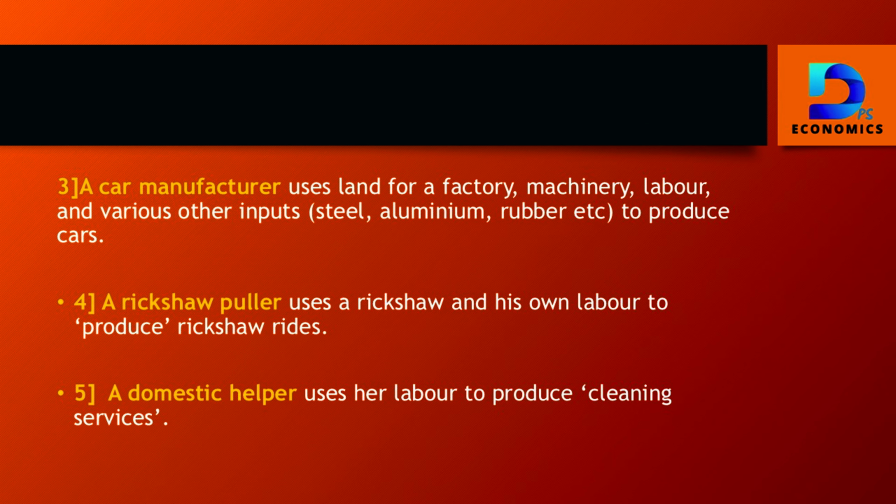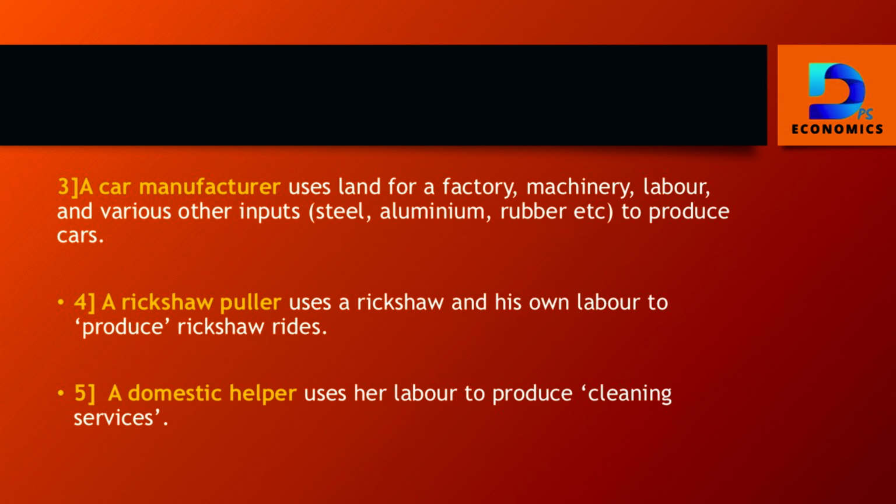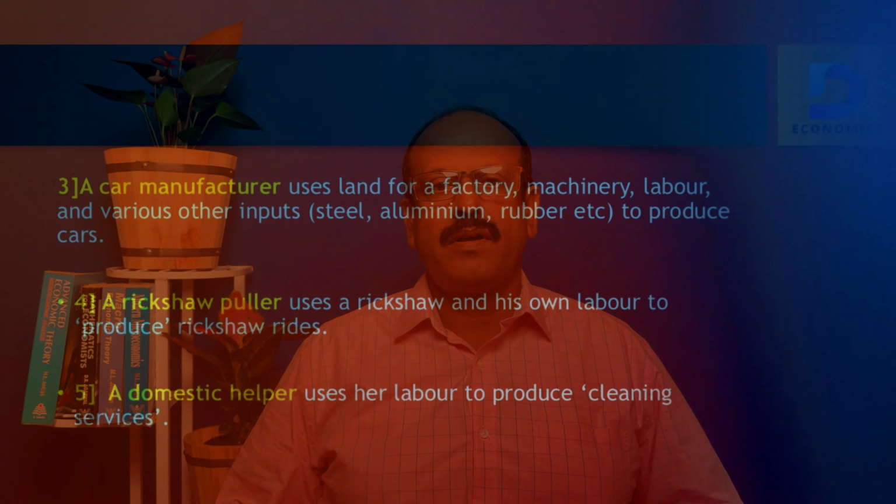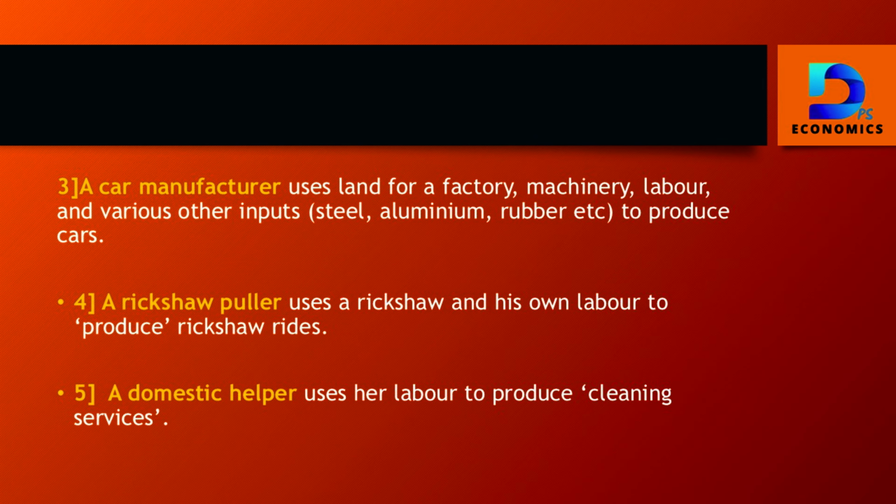A car manufacturer uses land for a factory, machinery, labor, and various other inputs, for example, steel, aluminum, rubber, etc., to produce cars. A rickshaw puller uses a rickshaw and his own labor to produce rickshaw rides. A domestic helper uses her labor to produce cleaning services.